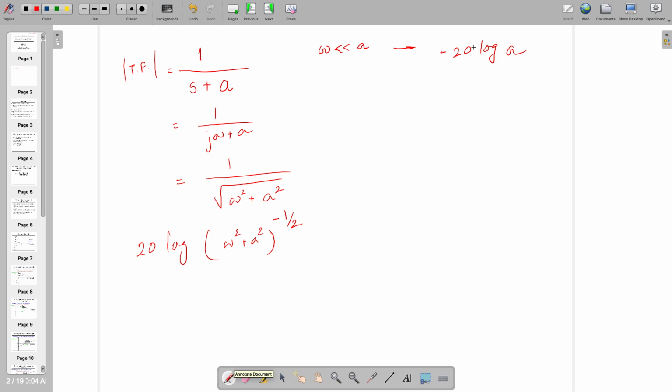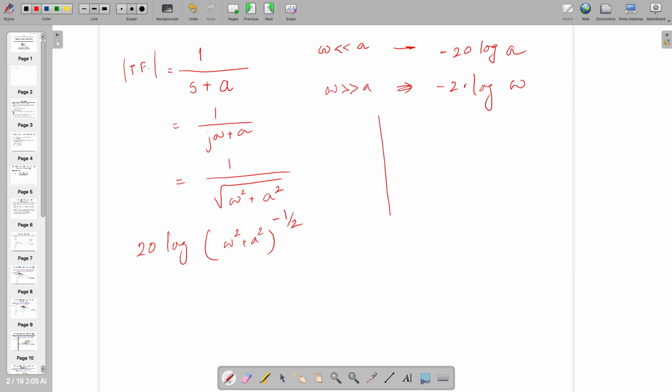Right, this is the correct one, right? So this is just what you have learned. So minus 20 log omega, that will be if it is much higher than a, and other things we learned, right?